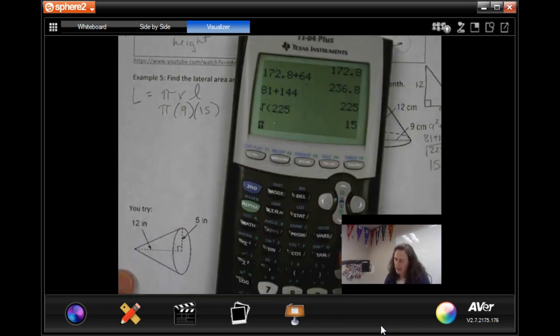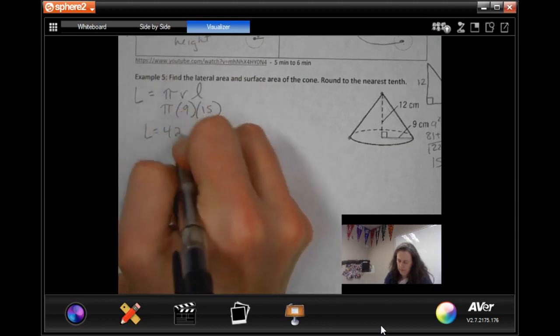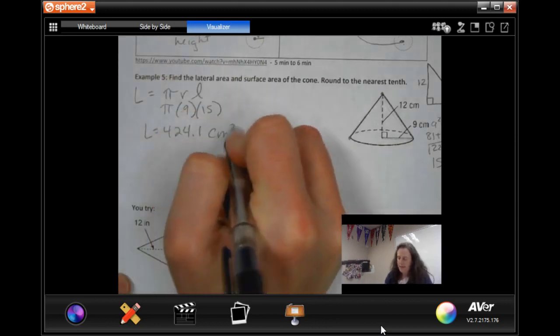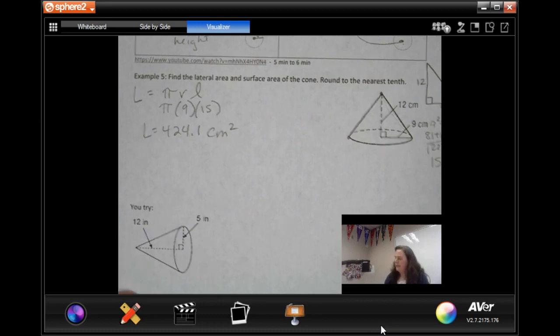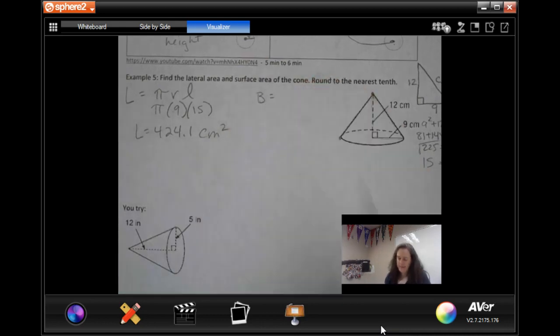All right, pi times 9 times 15, 424.1 centimeters squared for the lateral area. So that's everything around like the cone part of it, but not the base. Base, it's a circle. What is the formula to find the area of a circle?